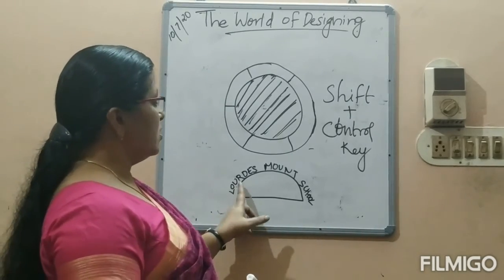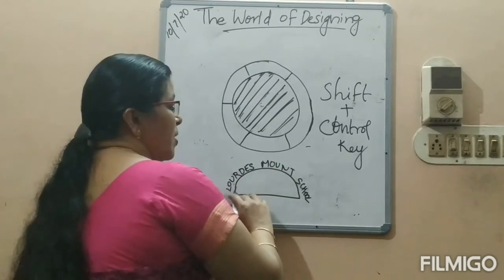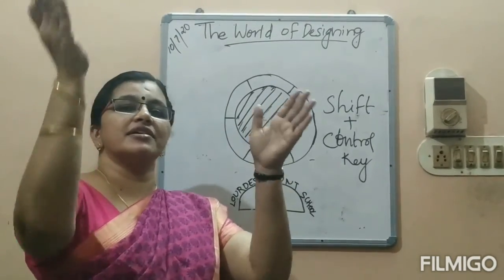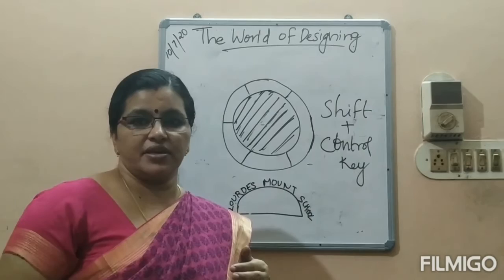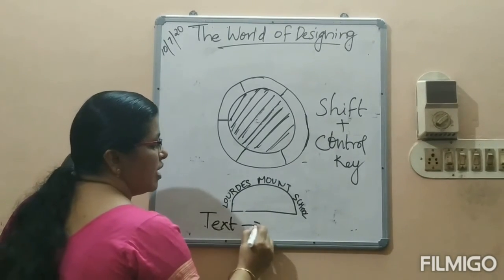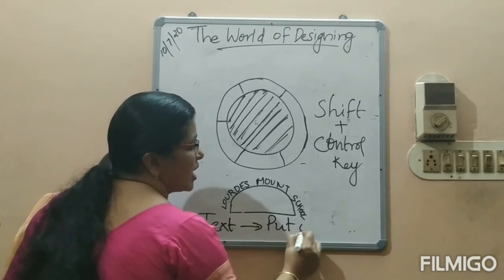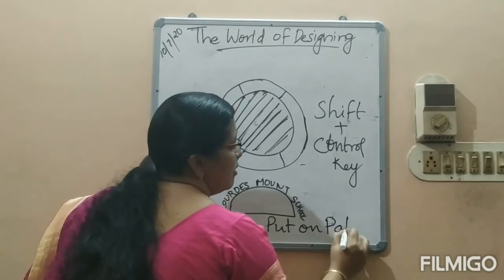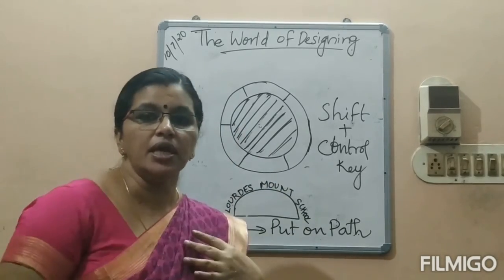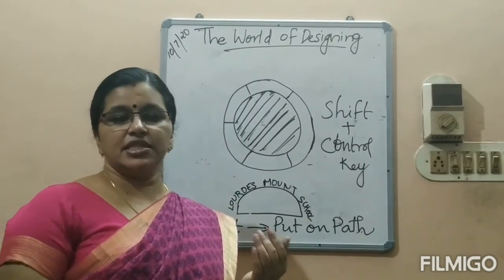Load the Mouse School. It is on the path of the semicircle. A semicircle in the arch. Okay. For that, text arrow mark, put on path. Put on path. These two activities we will be doing in the practical section.